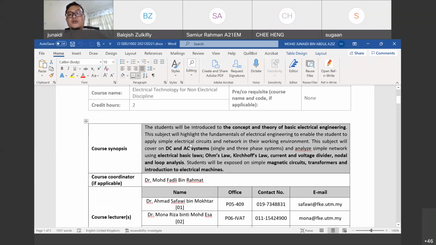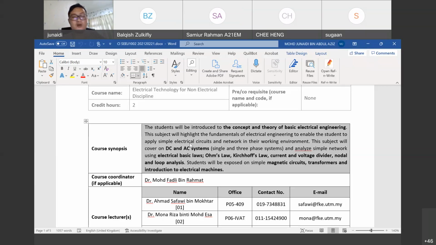If you look around you, in fact, if you look at your PC or your handphone at the moment, you are actually dealing with the electrical form of energy. You can imagine your life without electrical engineering or without electrical energy.